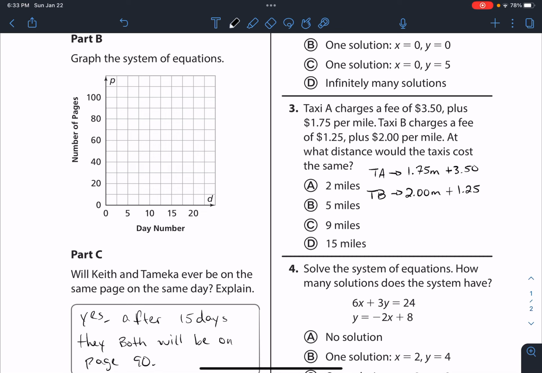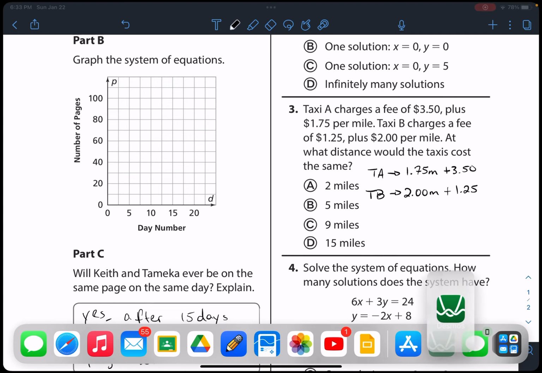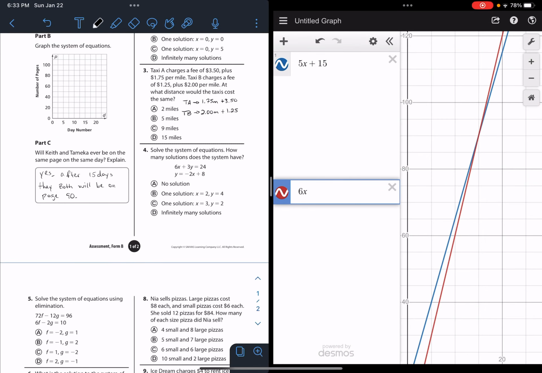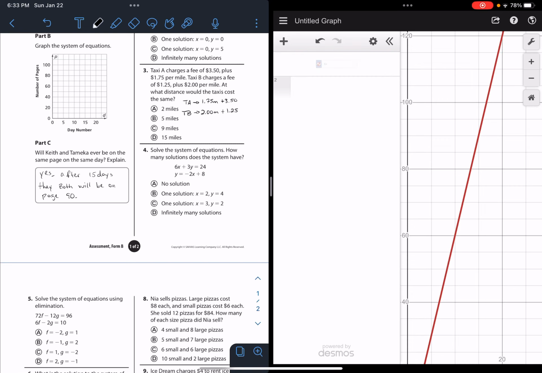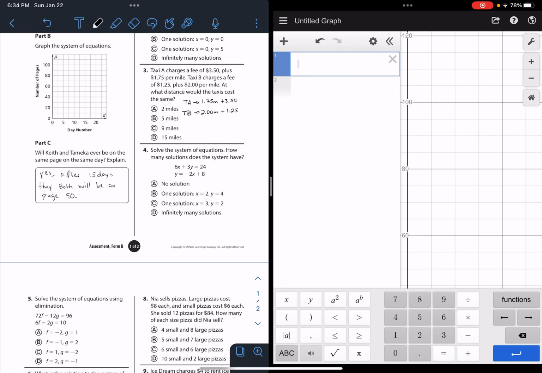And you have the option to go to Desmos, graph those two, and see where they cross. Wherever they cross, the x value should be the miles. So let's actually pull up Desmos again and graph both of these. So we have 1.75 times x, you can just use x, there's nothing wrong with that, plus 3.50. And then the other one is 2x plus 1.25.